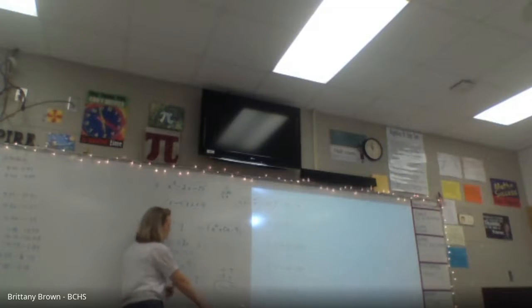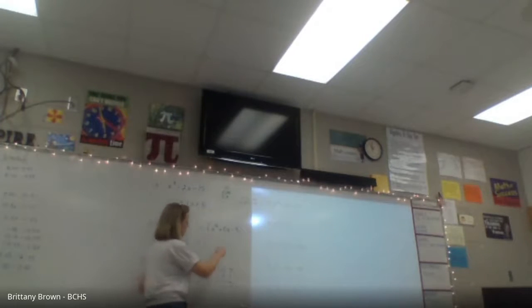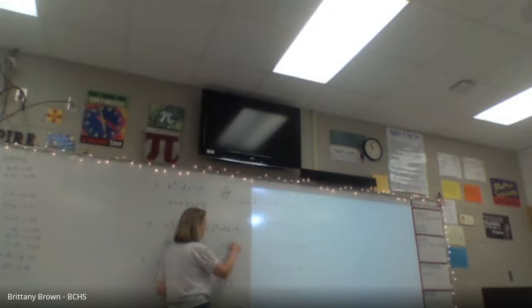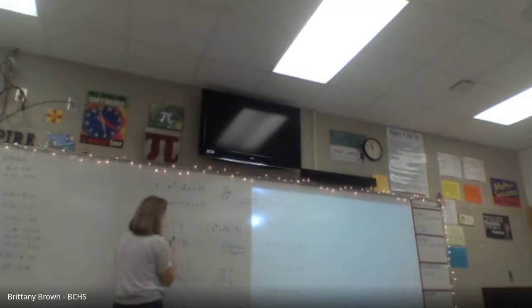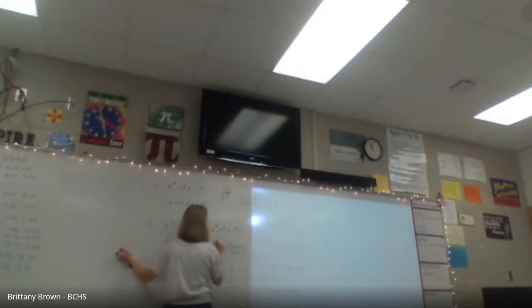On these, there's also another thought that you can have. These are special problems called difference of squares. What does difference mean in math? Difference of squares, meaning that x squared is a perfect square. What's true about 9?